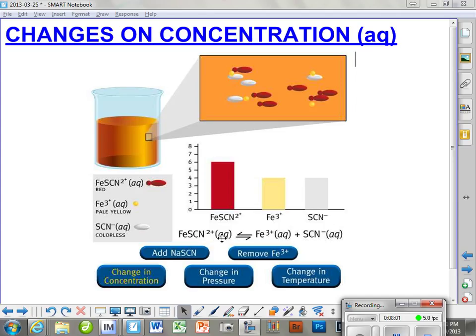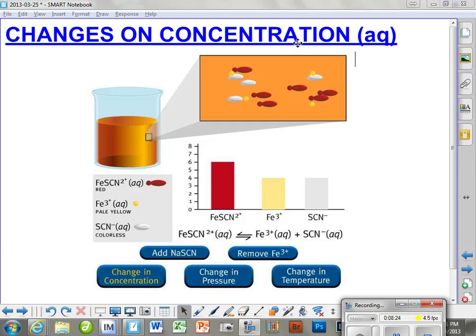Did you get the AQs in there? That's important. Changes in concentration. When you have an aqueous solution, you're always going to be dealing with changes in concentration. That's what's going to happen with aqueous solutions. Anybody not familiar with aqueous?